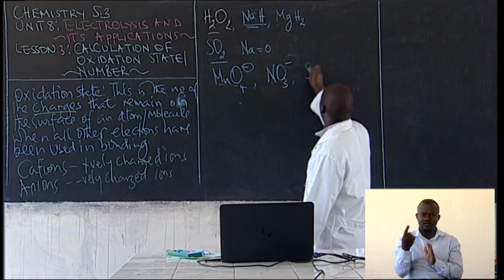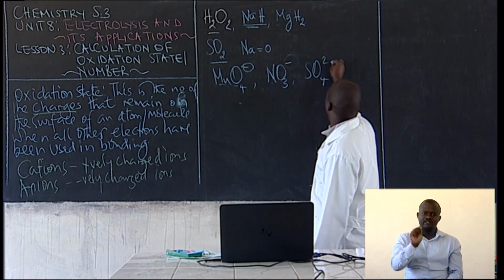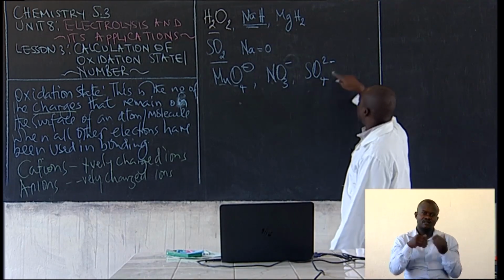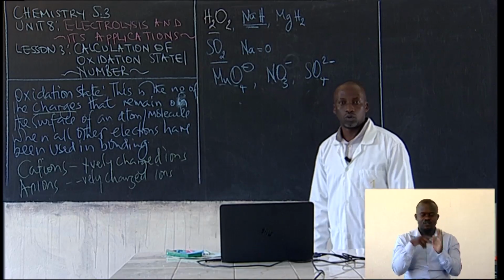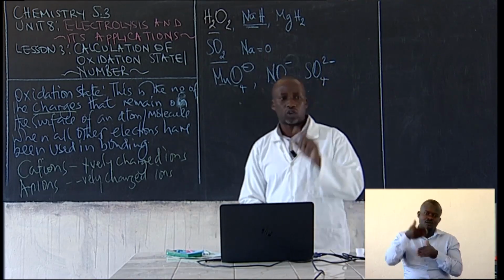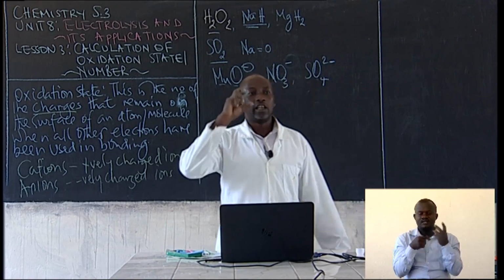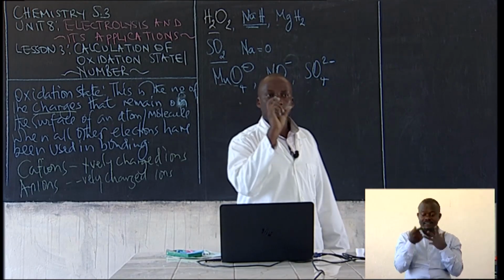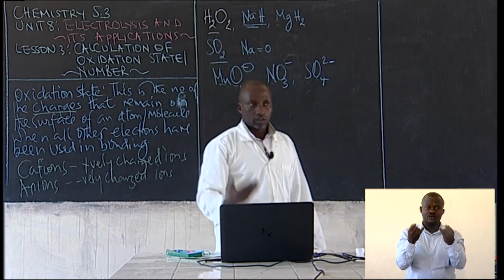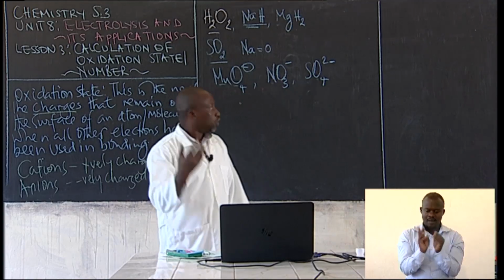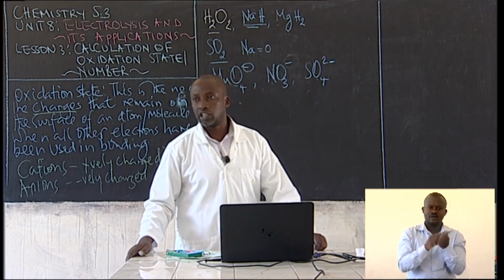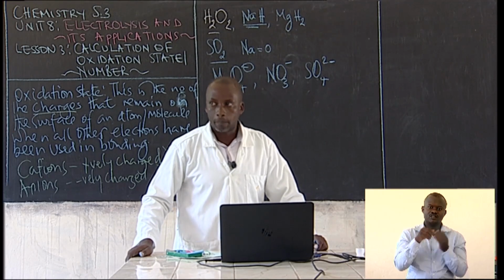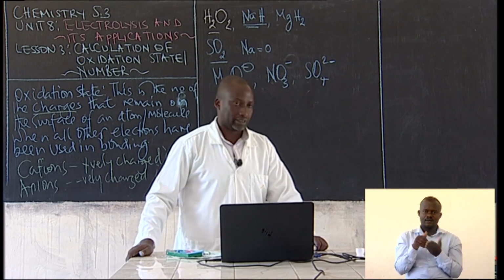We have the sulfate, negative. The sum of sulfur and oxygen will be equal to -2, and so on and so on. That is very important. This information summarizes the rules that we can use to calculate the oxidation state.